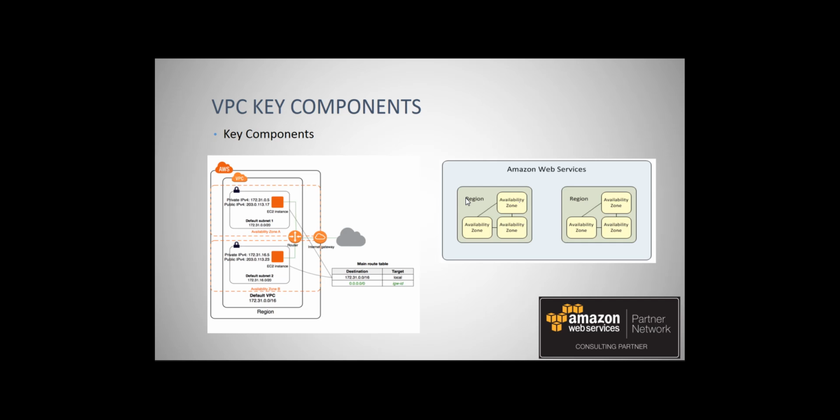Is it South America? Is it Asia? Is it Europe? That's the region. But the region is also broken down into availability zones. So let's say you're here in the United States and you're logged into AWS in North America and you're using Northern Virginia. Well, that is an availability zone that you could use.